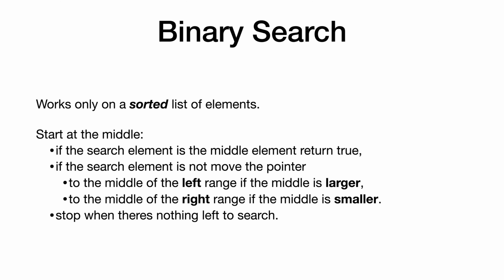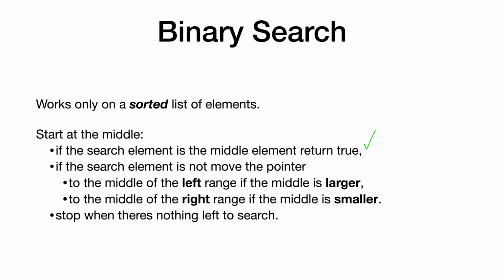And that's where we get to binary search. So binary search only works for sorted arrays. The elements in the array have to be in order somehow. And instead of starting at one end or the other, we're going to start at the middle. So we're still going to have this index, and we're going to start at the middle. If the search element is the middle one, then we return true. Yay, we found it.